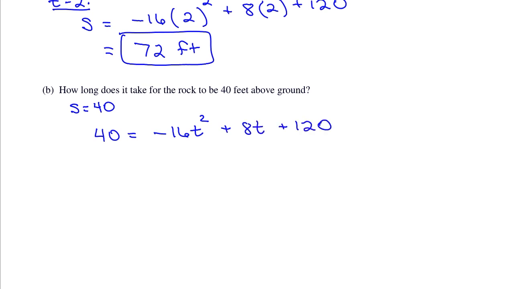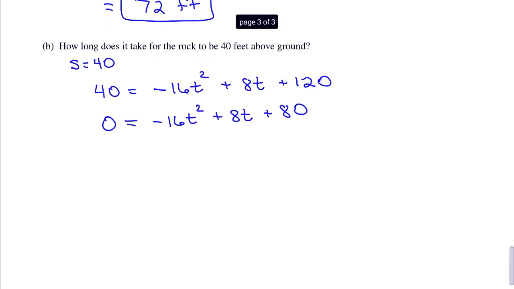So here we have a quadratic in the variable t. To solve the quadratic for t, we need to move everything so that we have 0 on one side. I'm going to move the 40 from the left to the right, leaving a 0 on the left. This gives me negative 16t squared plus 8t plus 80.